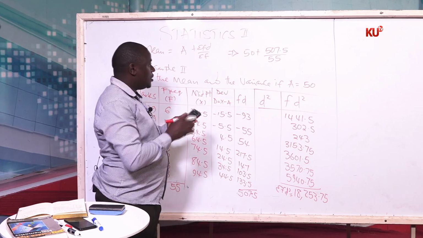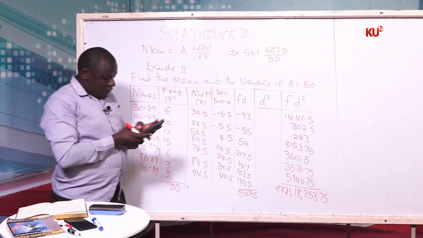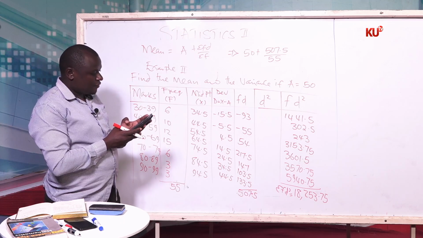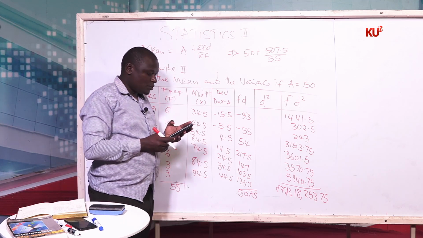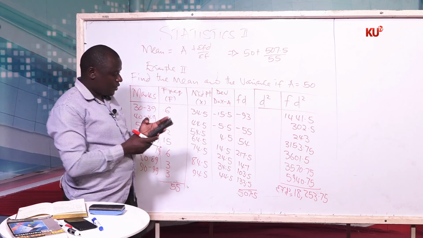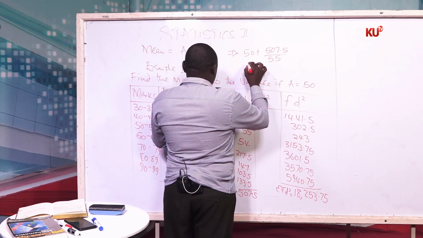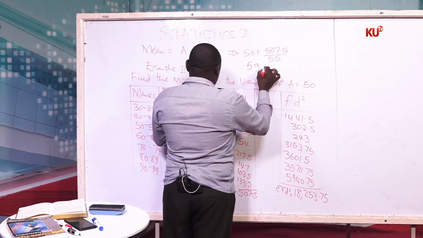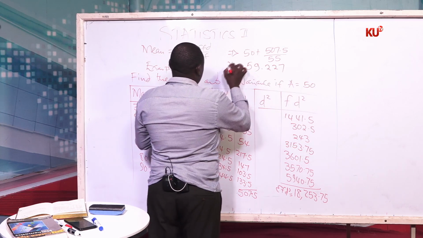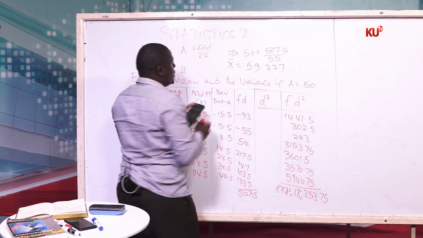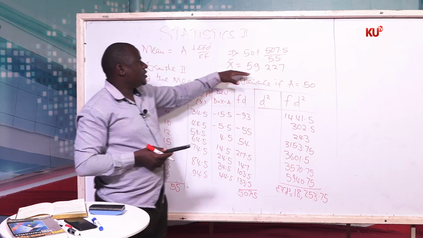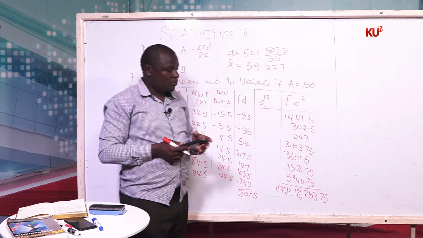So 507.5 divided by 55 gives you 9.227. Then you add 50, and you get a mean of 59.227. Your mean is normally represented by X bar. It's given by 59.22.